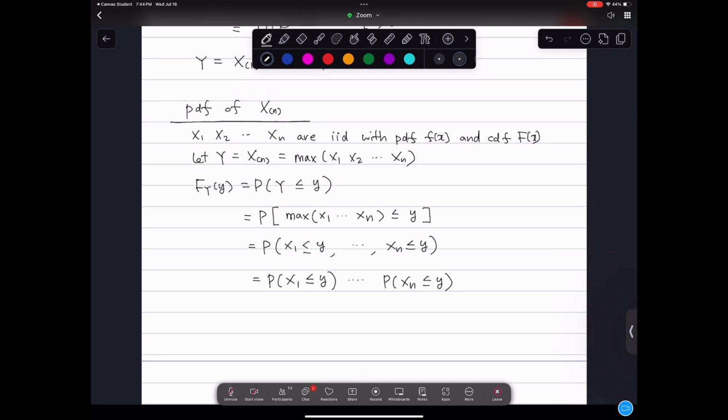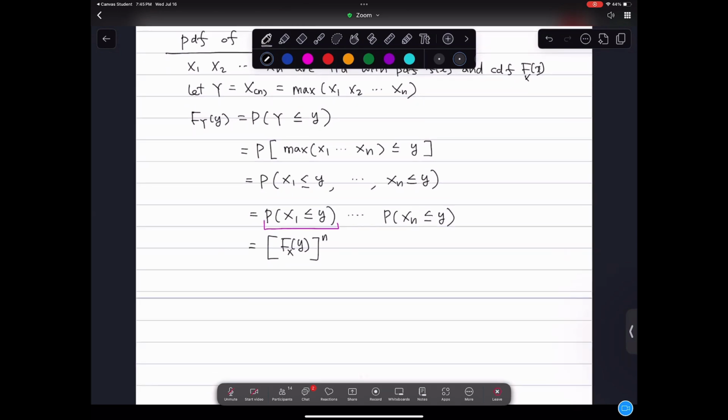So each one of those has the CDF F of X. And every single one of them has the same CDF, which means this to the power of n.